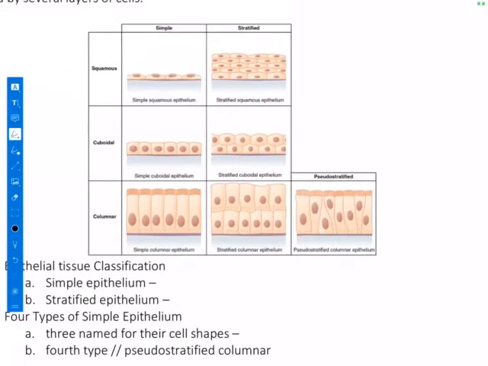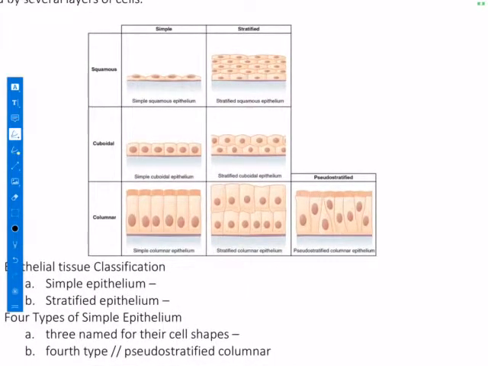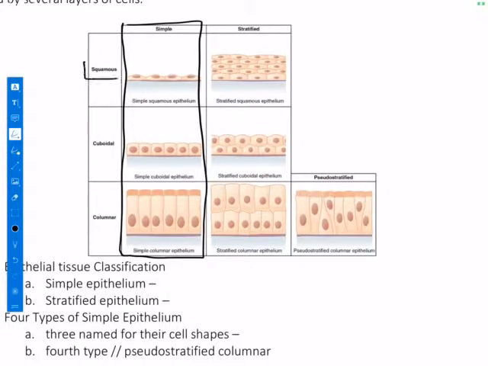So, notice that these simple cells all have one layer, and then they're named according to their shape as well as the number of layers. So the squamous ones are kind of squatty and flat, like tile. Cuboidal are cube-shaped, and columnar are column-shaped. And this particular simple columnar epithelium has little cilia, which help move fluid by its surface.